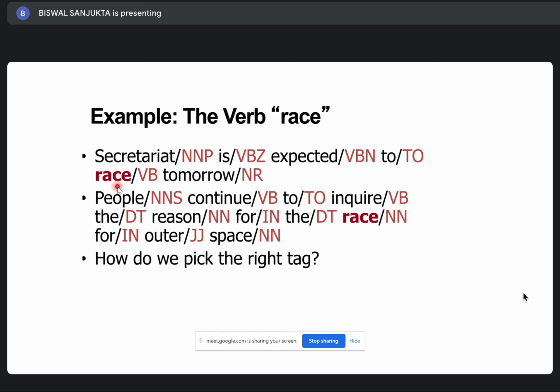So how should we proceed? As we saw earlier, the probability of the tag sequence given the word sequence, that formula, we can apply for race as a noun and race as a verb. In both cases we see the probability, and wherever it is higher we take that.